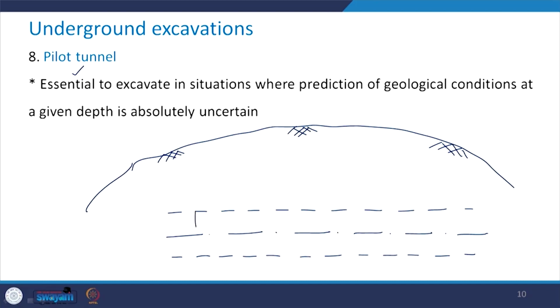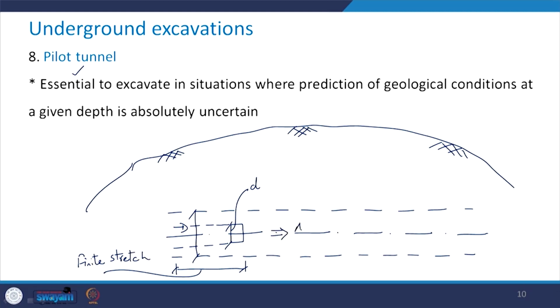This tunnel has a diameter of say capital D, and here you will have a small tunnel, of the diameter say small d, and obviously from here to here this is going to be the finite stretch, and this is the direction of the advance of the tunnel.